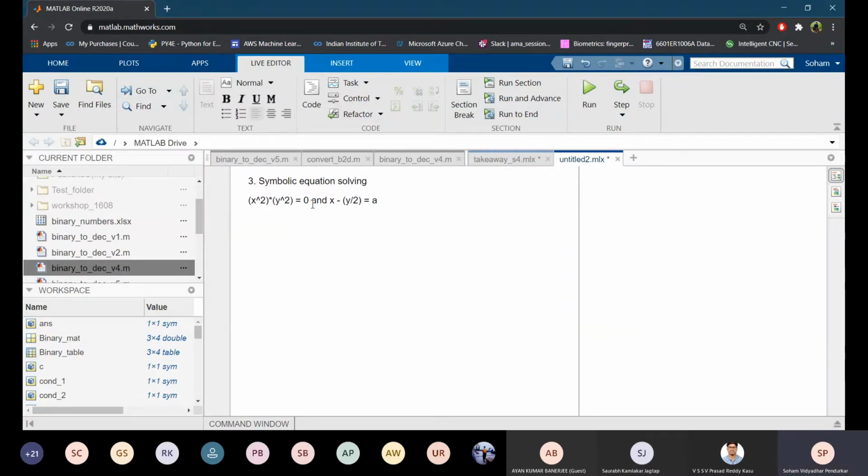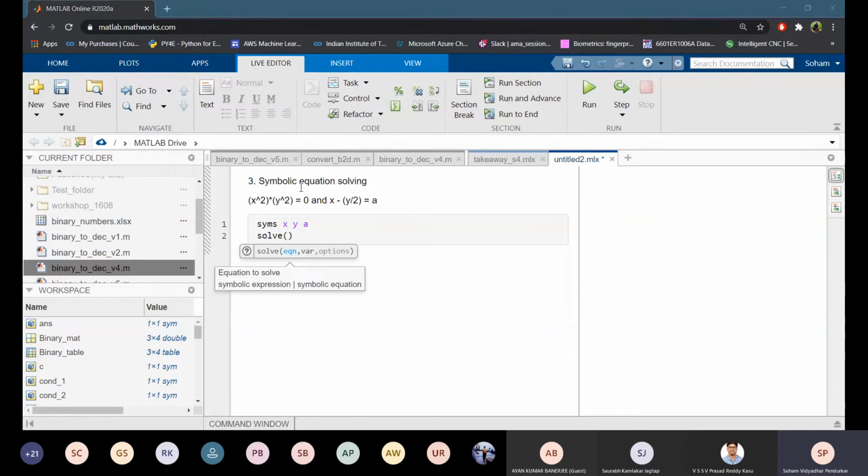Symbolic equation solving. Here I'll insert a code. Symbolic, let's say x, y, and a. And now I'll put these equations. I don't have to put them separately. I'll just put them inside the solve function. What do you want to solve? These equations.